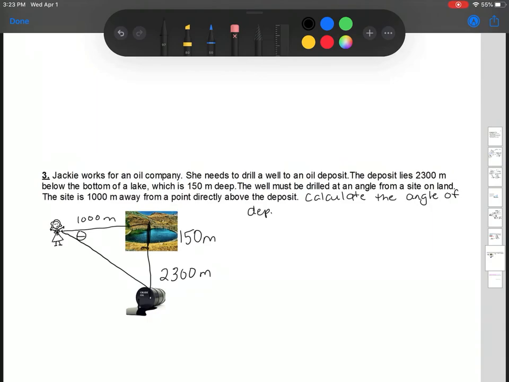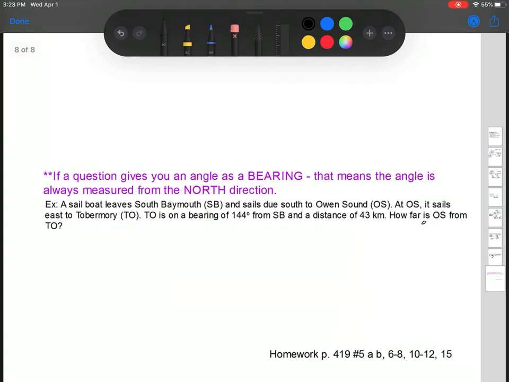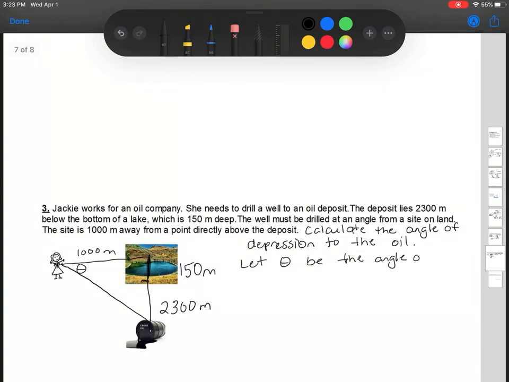So this time we're going down, which is depression, not elevation. Okay, so we're going to let theta be the angle of depression. We have theta.